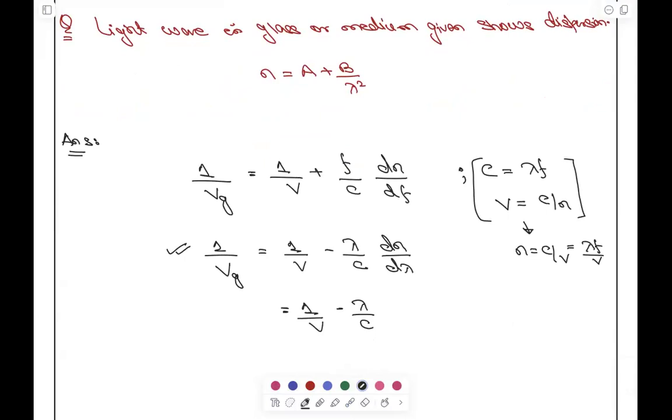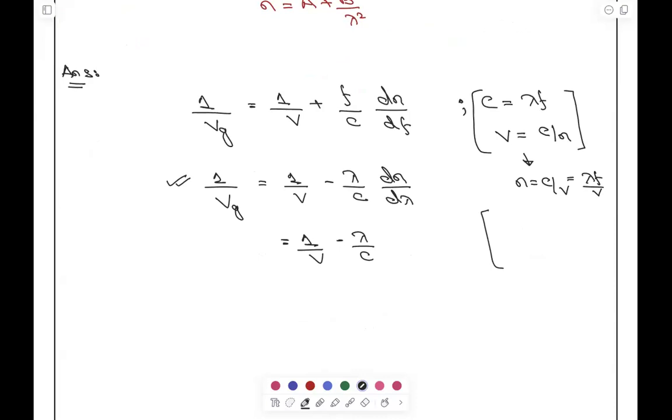Put the value first everyone, इतना टाइम भी मतलब। अच्छा, what is dn by d lambda here? ओके, राशि आ गया है। What is dn by d lambda here? सीधा लिखते हैं। What is dn by d lambda here?